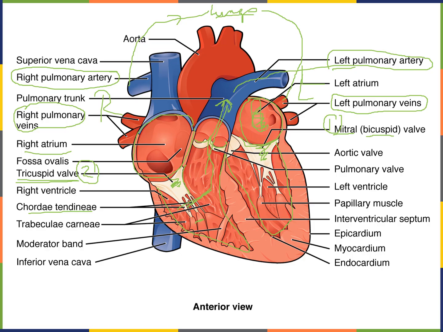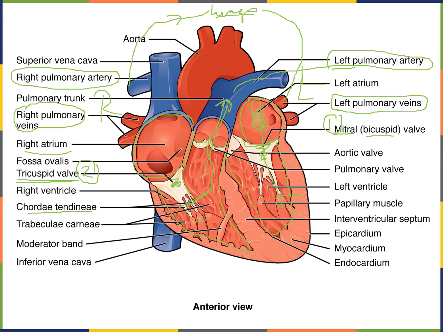That blood will flow through the mitral valve, bicuspid valve, and now it will be in the left ventricle. When the left ventricle contracts, it is going to send blood into the systemic circuit. Remember, the systemic circuit is the circuit where blood is going to flow to the entire body.